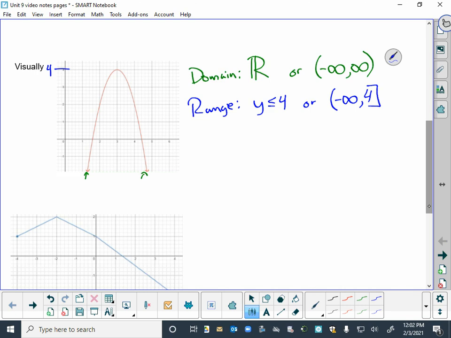So the range, we're looking up and down this way, and we can kind of sandwich this in. If we had a horizontal line up here, we get to a point where that corresponds to the highest any point on this graph is, but on the bottom end, it just goes and goes and goes, and we're never going to be able to trap on the bottom side of it.